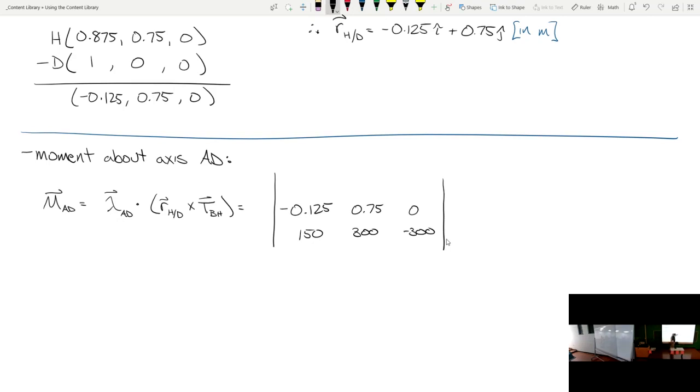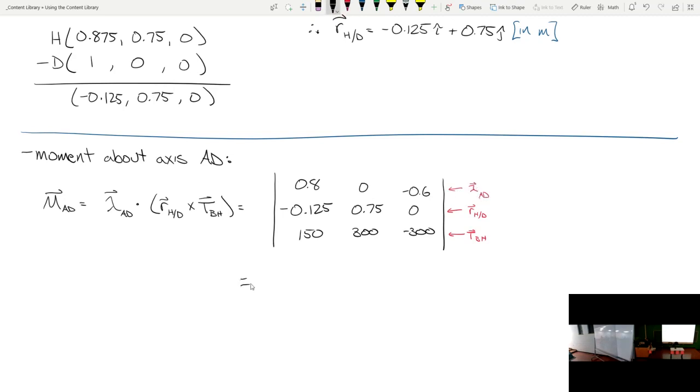So this right here is the R vector, this is the tension vector. And normally you'd put I, J, K, but we're not going to do that, because we're ultimately wanting a scalar at the end of the day. What we're going to put is this, and that is just the lambda coefficients.